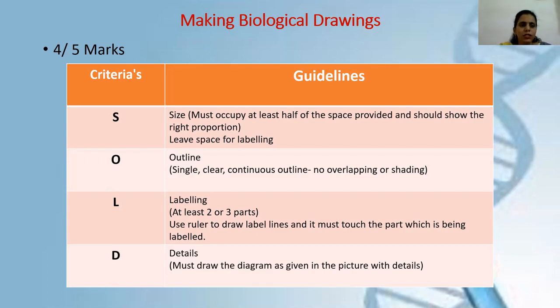So generally these questions in the exam are asked either for 4 or 5 marks. The different criteria which are to be followed, you can just remember as an abbreviation: SOLD. Now S refers to size. Whenever you draw the diagram in the space provided, you must occupy at least half of the space.